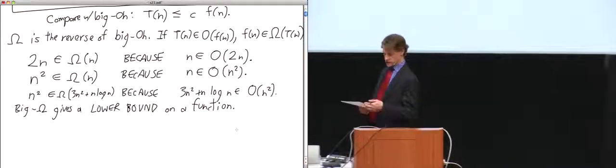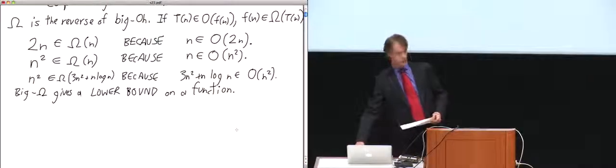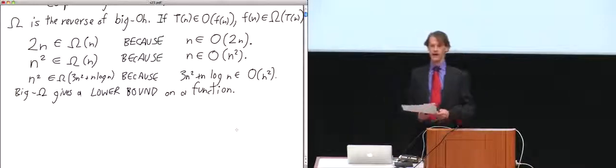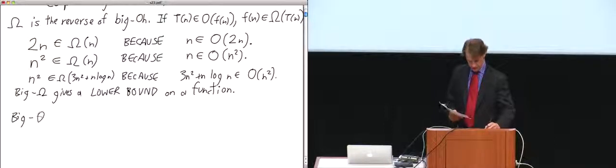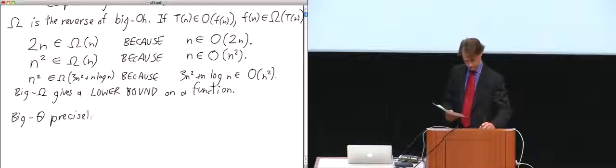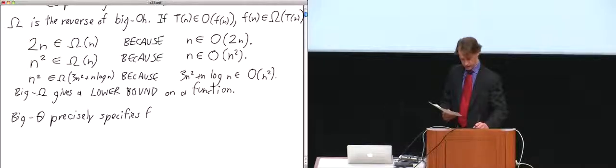So we have another notation that does tell you, that you can use when you want to specify that you really tightly know the running time of an algorithm. And that's called big theta notation, which you can use to precisely specify the function's asymptotic behavior.